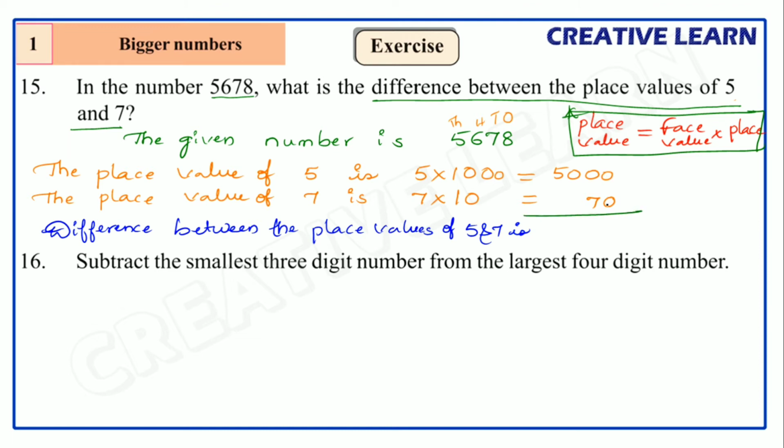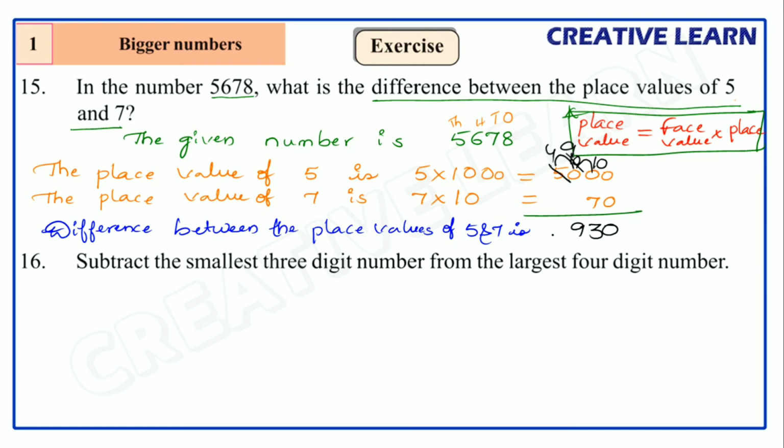Okay. 0 minus 0, 0. And here 0 minus 7, not possible. Take the borrow. From here to here we got 10. Now from here to here again take a borrow. Now it becomes 9 and here 10. 10 minus 7, 3, and here 9 remains. And what about here? 1 already borrowed, no?